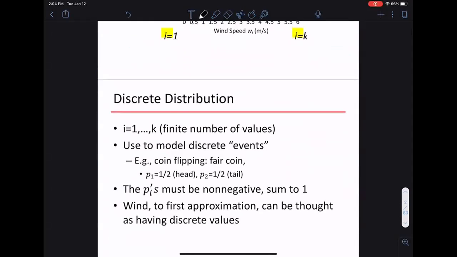So the first thing we're going to look at is something called discrete distributions. Discrete distributions are basically an extension of the simple coin flip models. You flip a coin, have a fair coin, half the chance is heads, half the chance is tails. So there are two outcomes, two possible events, and then we assign probability to them.